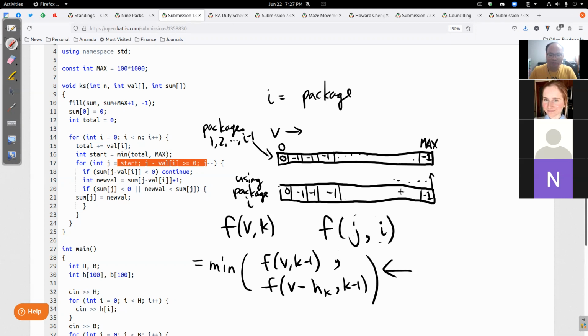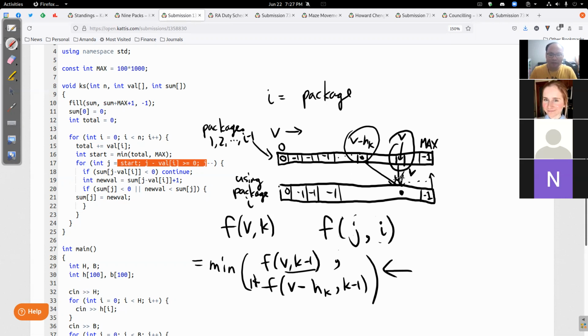If I'm trying to compute this entry, where v is here, either it's this entry here, because it's v with k minus 1, or if I subtract v minus h k, it's this entry plus 1. So it's either this entry or this entry plus 1.